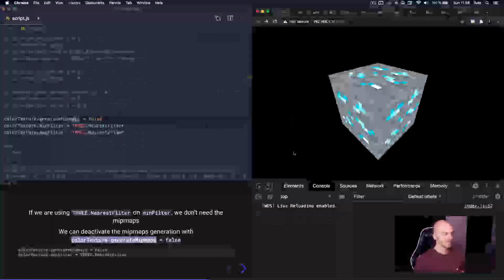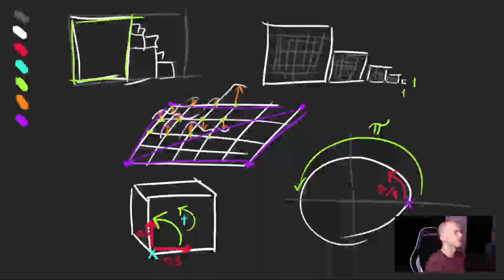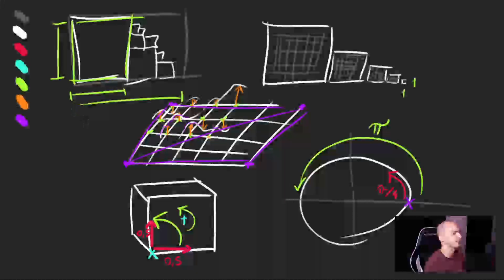And as you can see, no error, but the MIP maps haven't been generated, and we are only going to create this version of the texture, which is much smaller. It's just going to be that size, not this whole size.